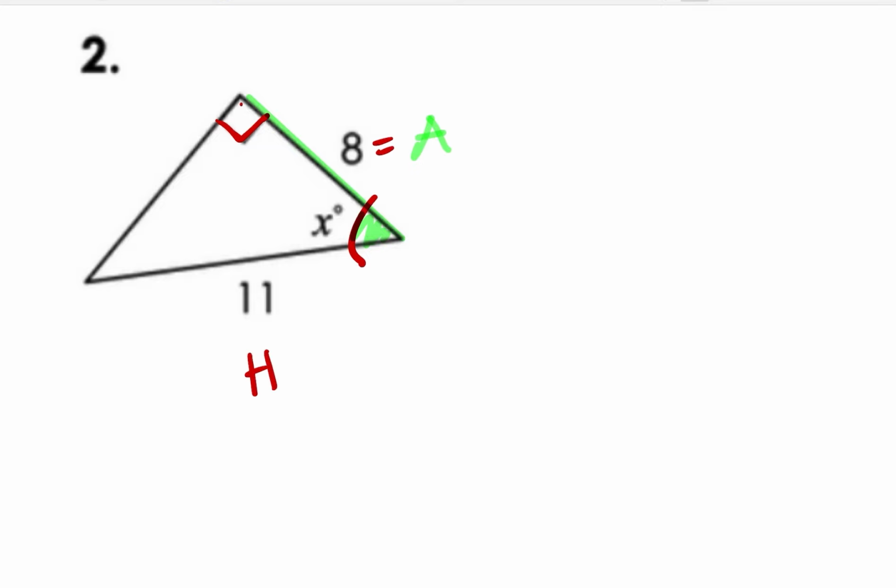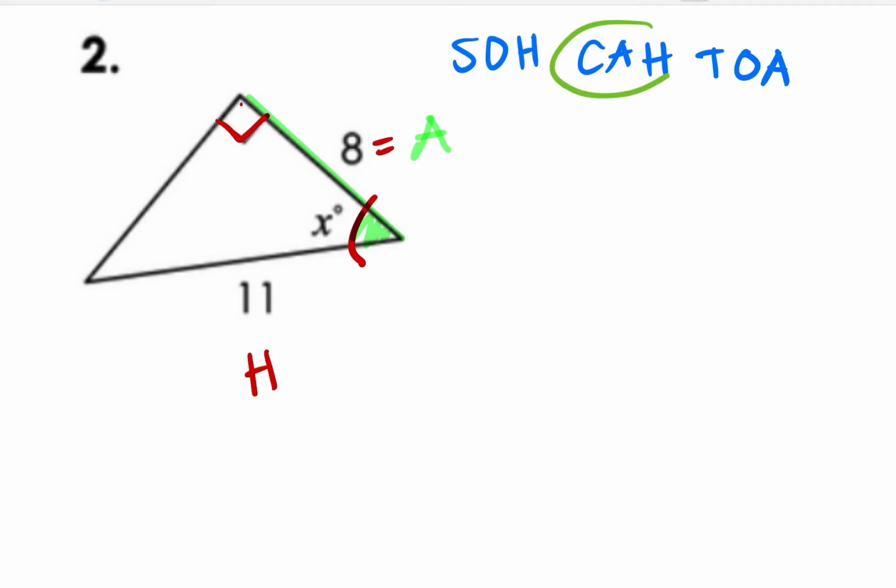And so if we go back to the acronym SOH CAH TOA, it is CAH, cosine, that we are going to be using because this is the formula that has A and H together, while the other two do not. So cosine x equals the adjacent, 8, over the hypotenuse, 11.